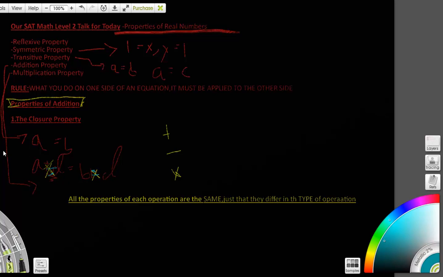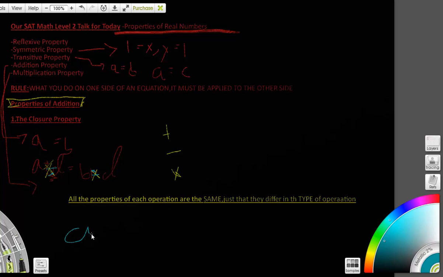Now let's move on to the properties of addition. The first property of addition we're going to talk about, and of course the exact same properties are also in subtraction and multiplication, is the closure property. It says that one real number plus another real number results in another unique real number.